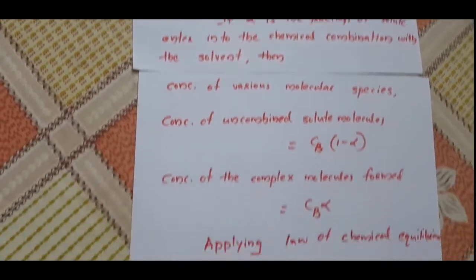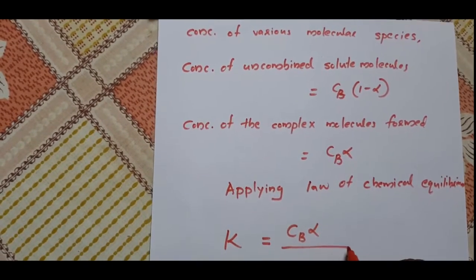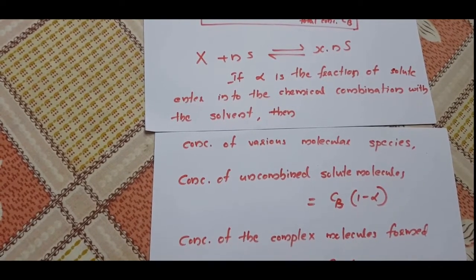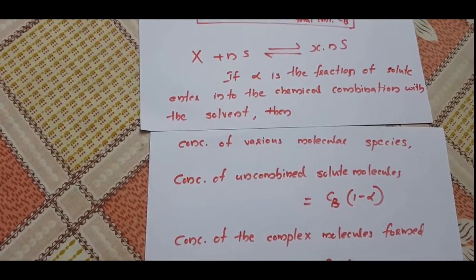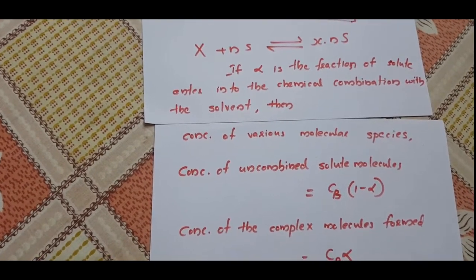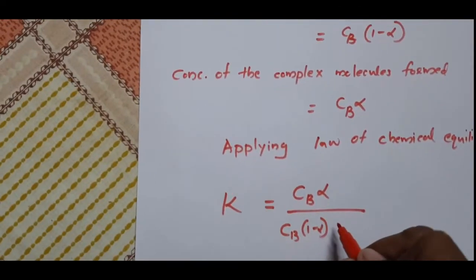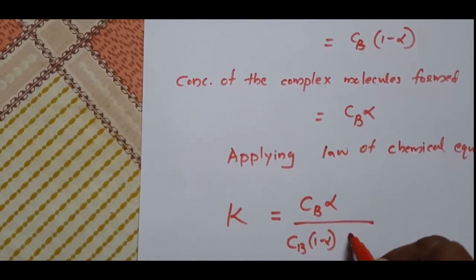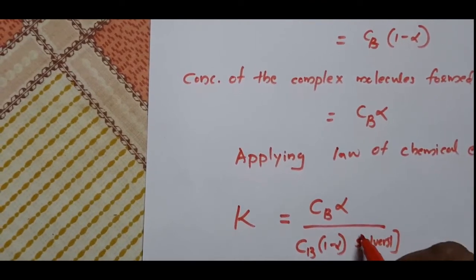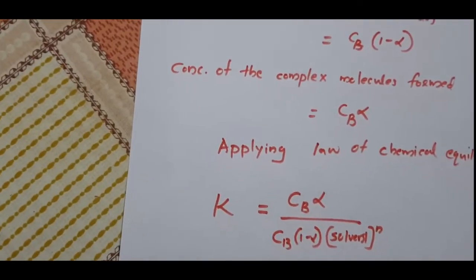Complex formed is Cb into alpha, divided by the concentration of uncombined solute molecules, Cb into 1 minus alpha, into the solvent concentration raised to n.